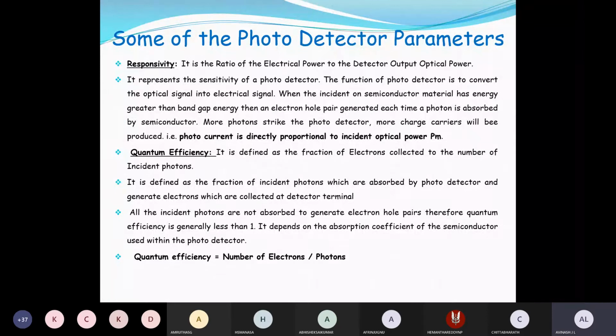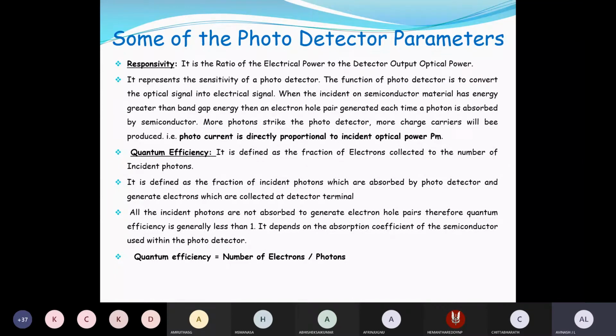Next concept is quantum efficiency. Quantum efficiency is defined as the fraction of electrons collected to the number of incident photons. So now the meaning is very clear. Quantum means light.